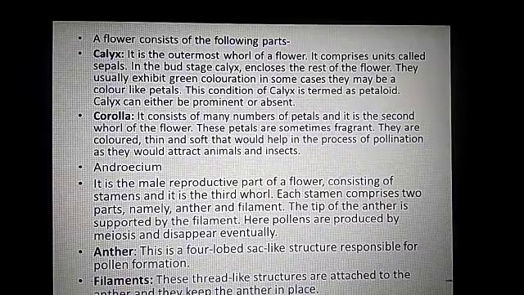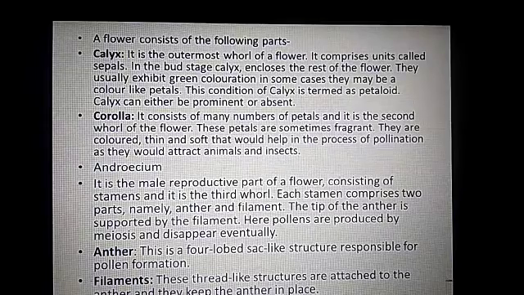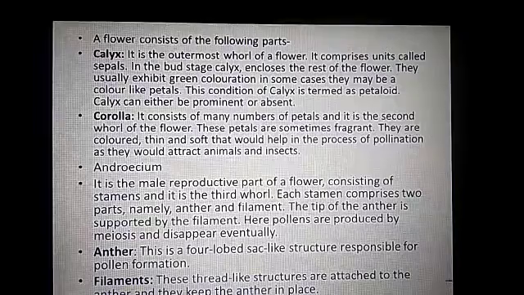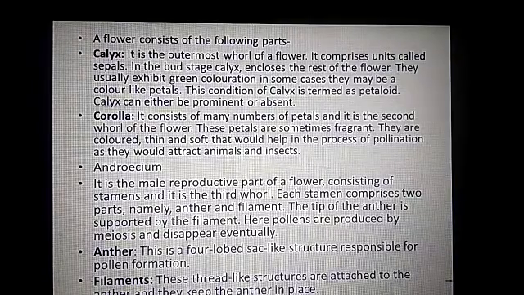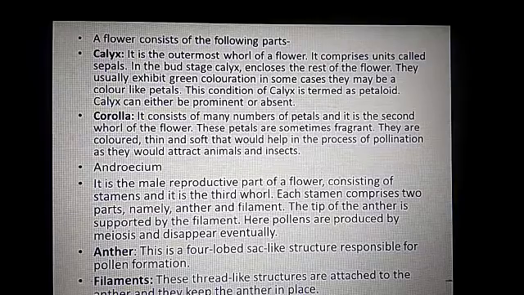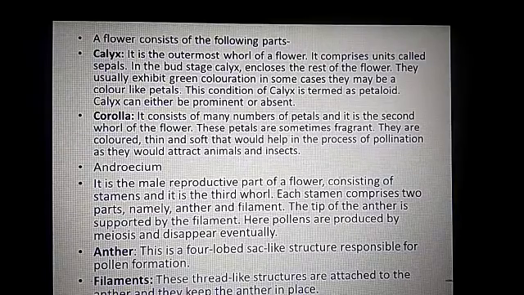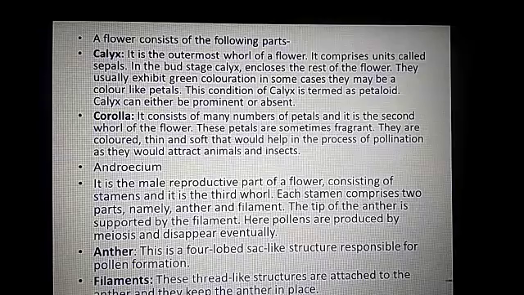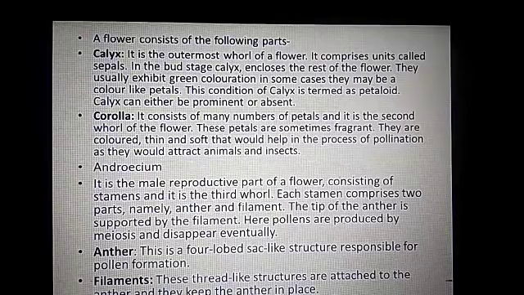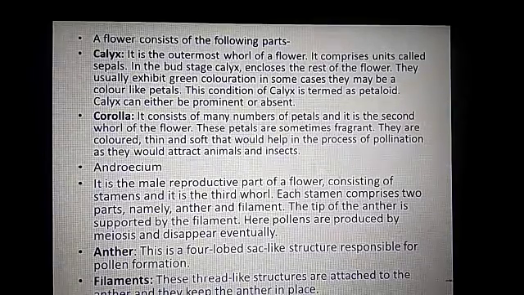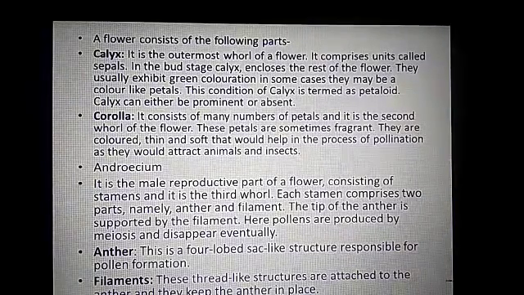Next is corolla. Corolla is made up of petals. It consists of a number of petals and forms the second inner whorl, next to the sepals, that is after the calyx. These petals are sometimes fragrant, meaning they smell. They are colored, thin and soft, and give a nice smell that helps in the process of pollination.